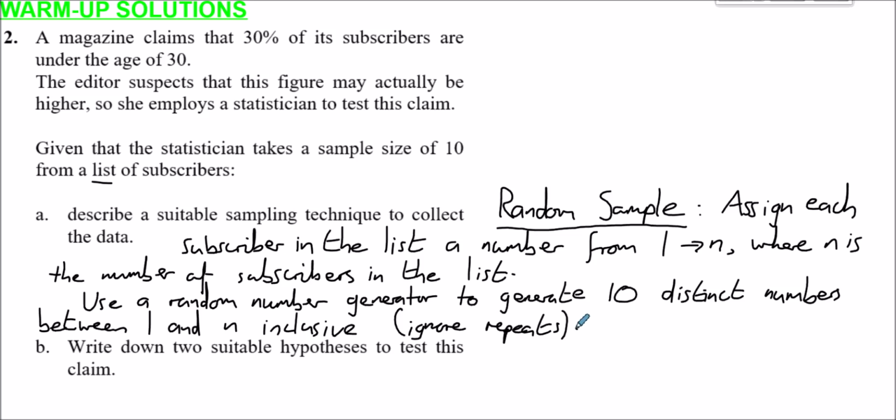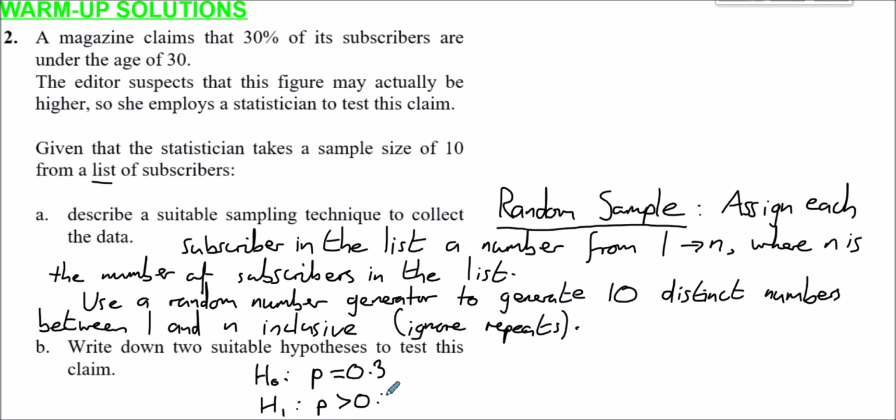Part B then says to write down 2 suitable hypotheses to test this claim. So what we need to do here is assume by default that the proportion of subscribers under the age of 30 is 30%. So our null hypothesis is to assume that p equals 0.3, whereas the alternative hypothesis is that p actually might be greater than 0.3.